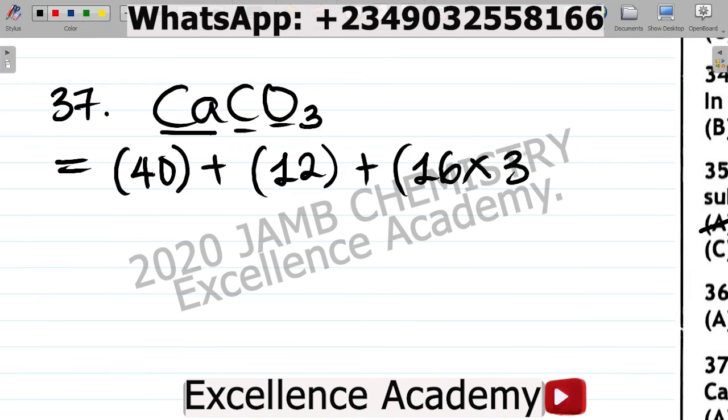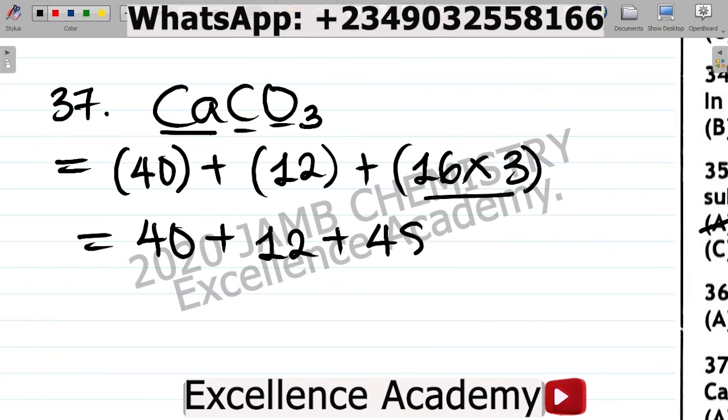This is equal to 40 plus 12 plus 48, because 16 times 3 is 48. If I combine this, 40 plus 12 gives you 52. 52 plus 48 gives you 100.